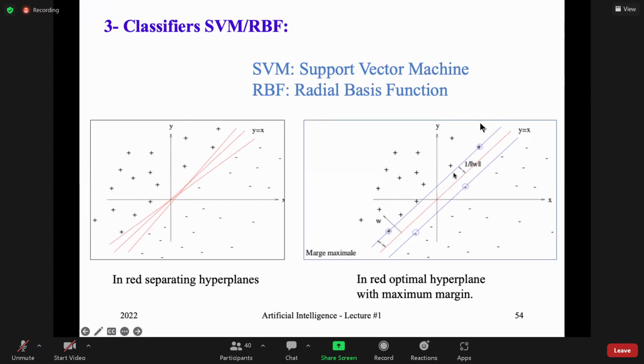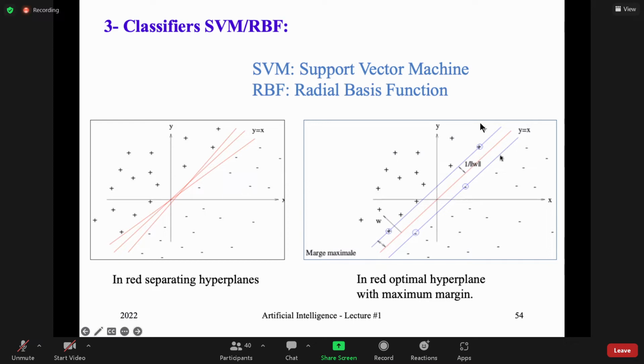So the idea is, from this ideal separation, we put a margin. That is what we put here in blue, here and here. This area is the separation part. What we can affirm is that if we are here, we are sure that it's a category plus.